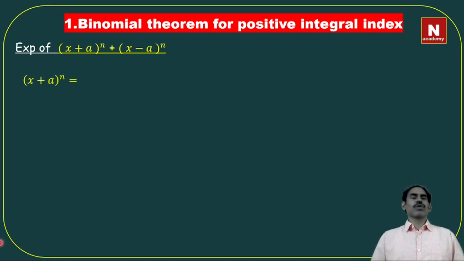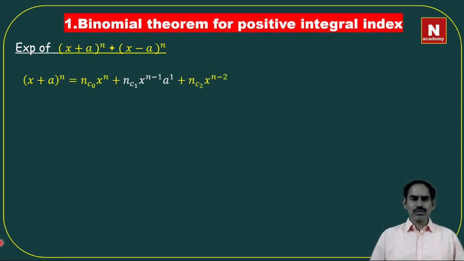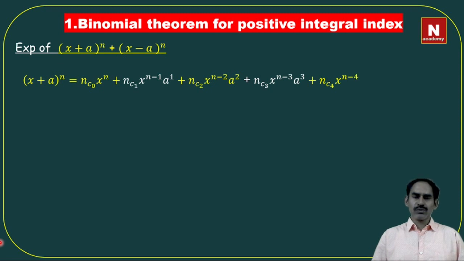Right, (x + a)^n equals nC0 x^n + nC1 x^(n-1) a^1 + nC2 x^(n-2) a^2 + nC3 x^(n-3) a^3 + nC4 x^(n-4) a^4 and so on.